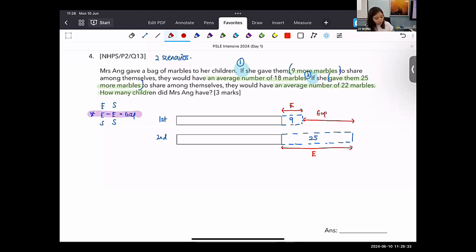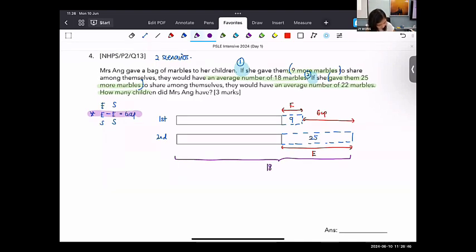Next, for the second scenario, how many children are there? I do not know. But I know that the average is 22. So I am going to multiply. I am going to let 1 unit be the number of children.